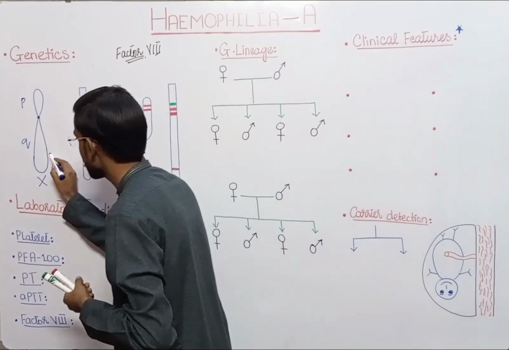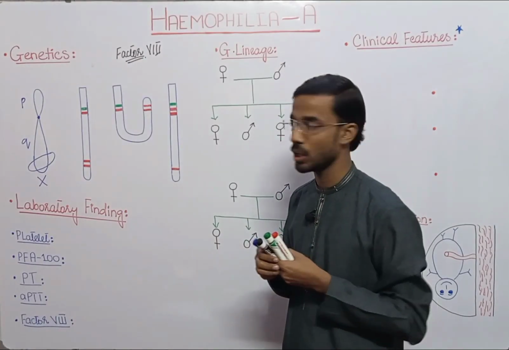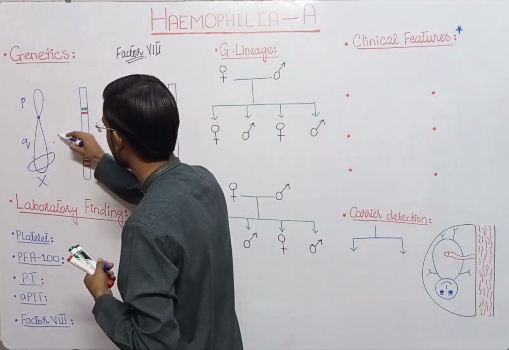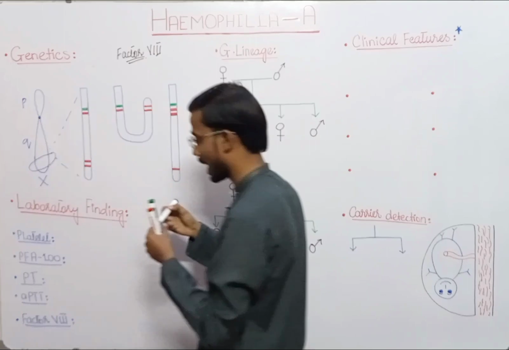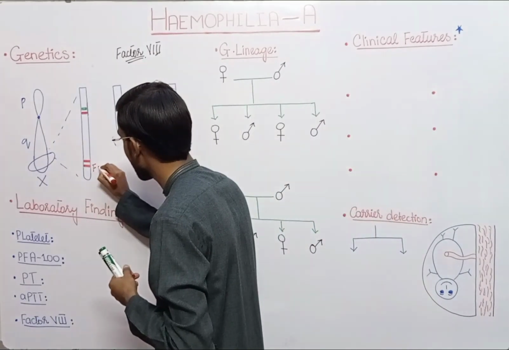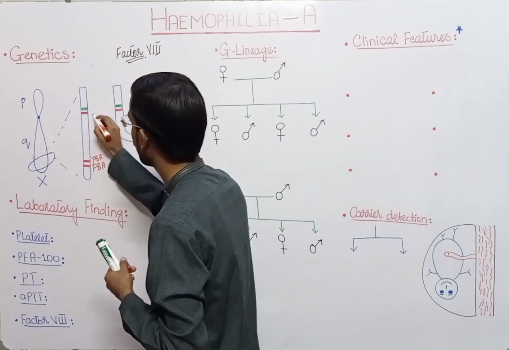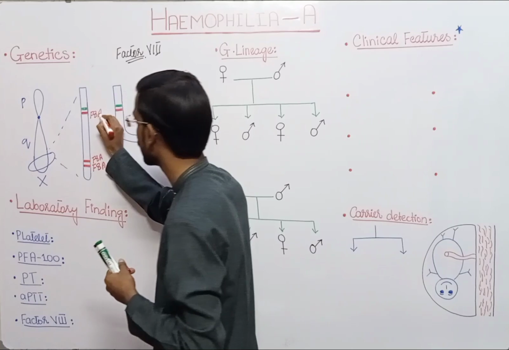Here you can see, at the end, near the telomere. If I zoom in, it will look like this. You will see factor 8A, 8A, 8A.